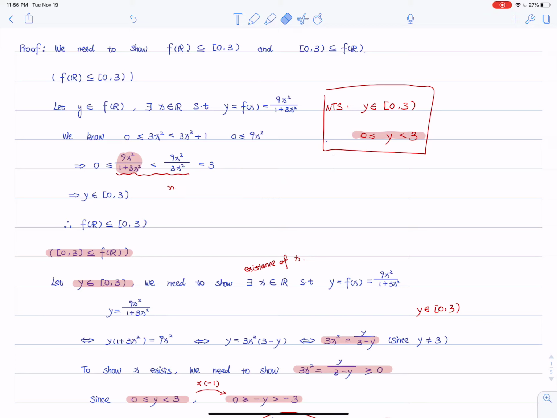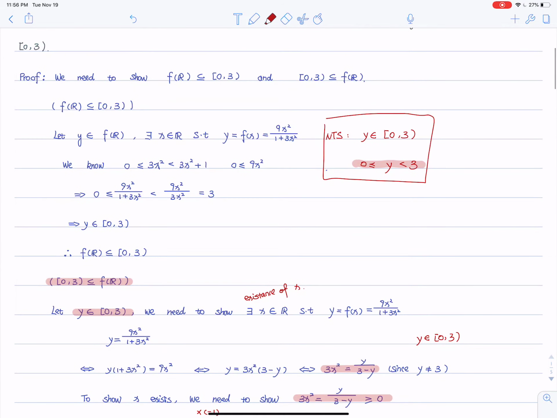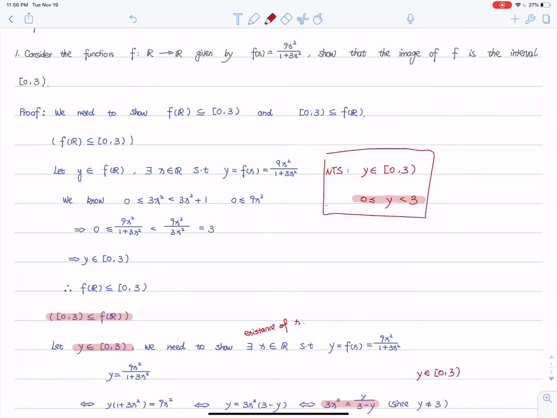I'm going to erase those. What I want to emphasize is that, let's say you don't understand this part. After all my explanation, you still don't understand this part. Now I want you to write down this sentence. If you don't know how to do this question, please write down this sentence.